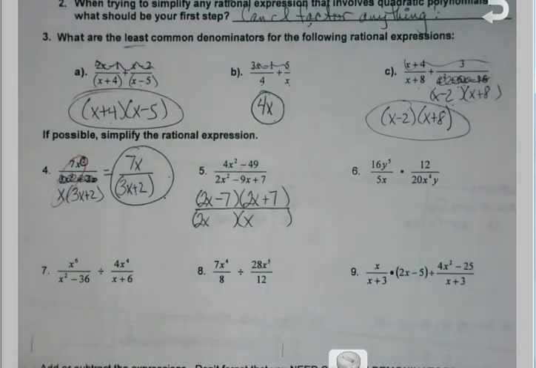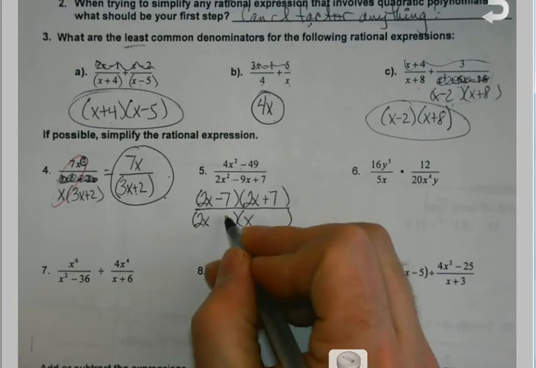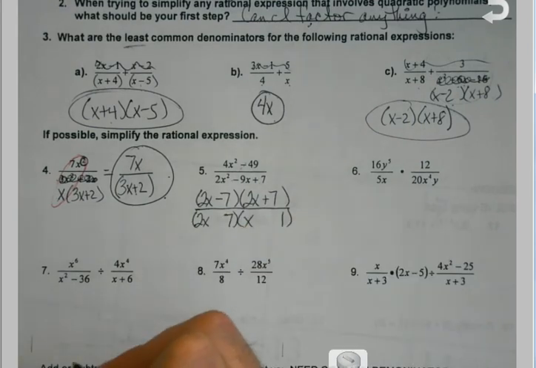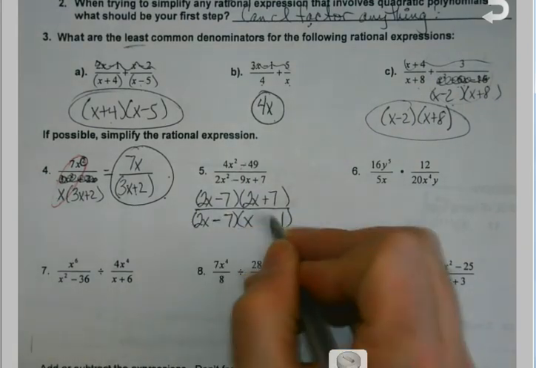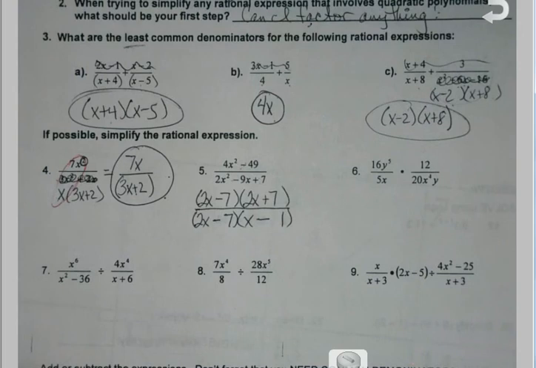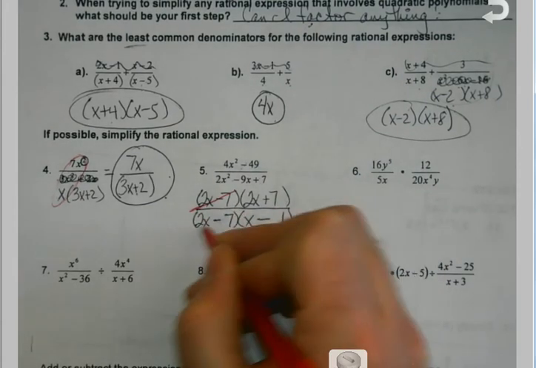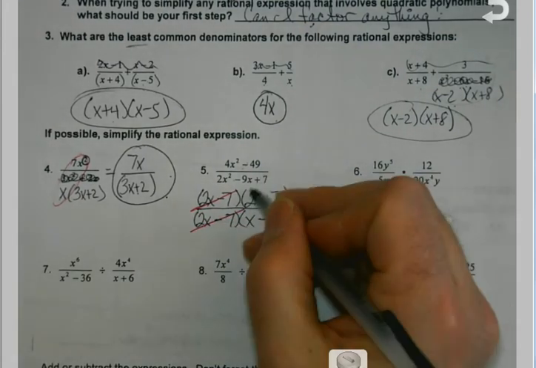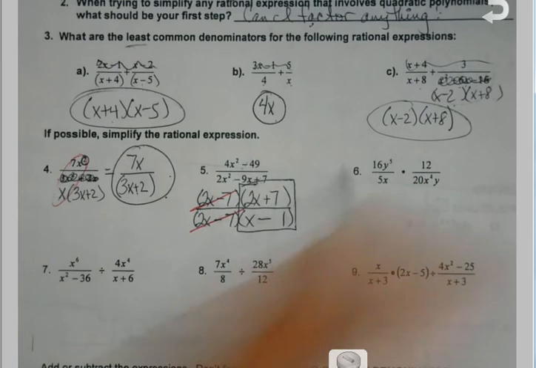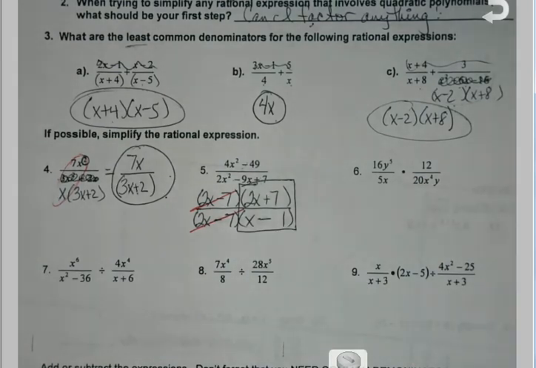All right, let's see. 7 and 1, and both negative. This is the point, after I've done my factoring, where if I see things that are identical, I can get rid of them, and then whatever's left is going to be my solution. But again, the key is factor first, factor first, factor first.